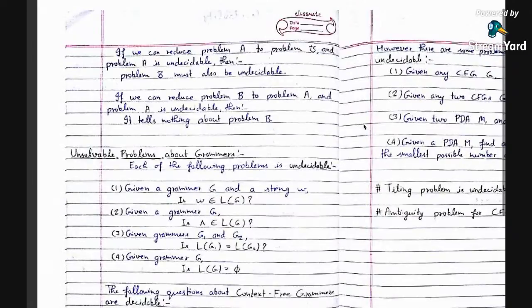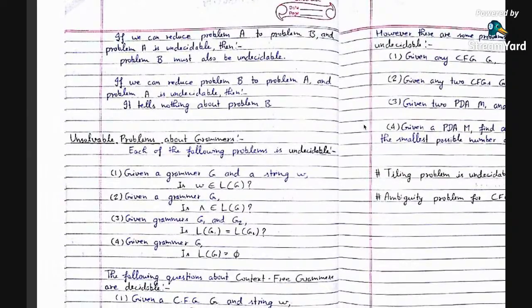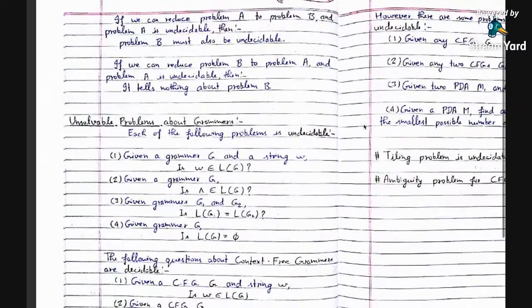If we can reduce problem A to problem B and problem A is undecidable, then B must also be undecidable. If we can reduce problem B to problem A and problem A is undecidable, then it tells nothing about problem B.